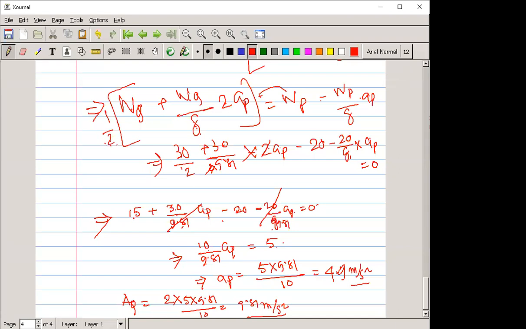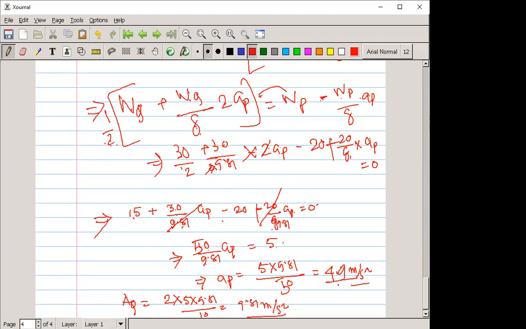Minus WP by G will come this side, means plus, no, sir. Okay, yes. This one, minus WP by G, comes to that side. Yes, this is plus, then this is plus, then this is 50. Now is it okay?